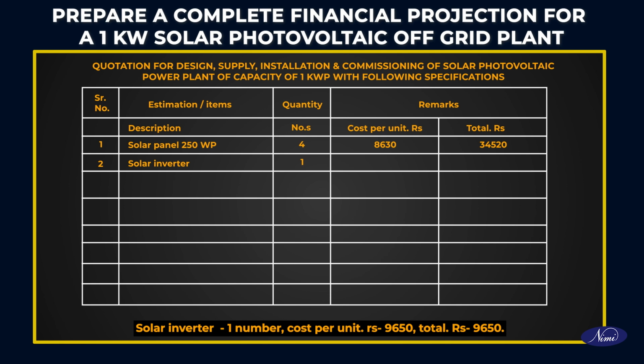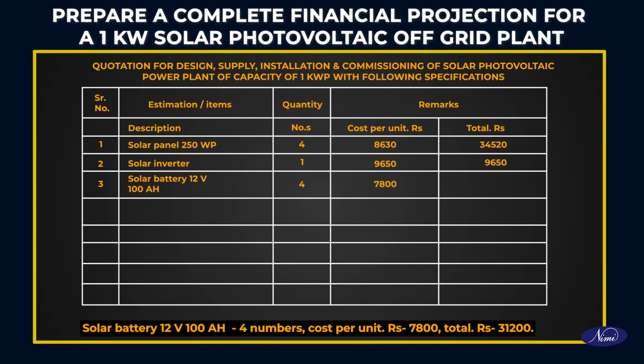Cost per unit ₹9,650. Total ₹9,650. Solar battery 12 volts, 100 ampere hour, 4 numbers. Cost per unit ₹7,800.